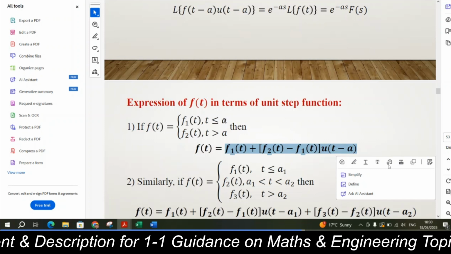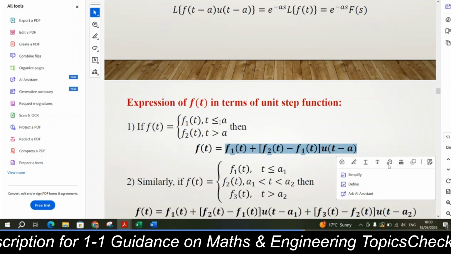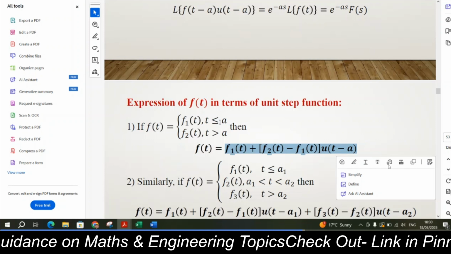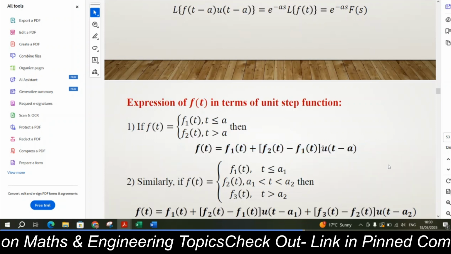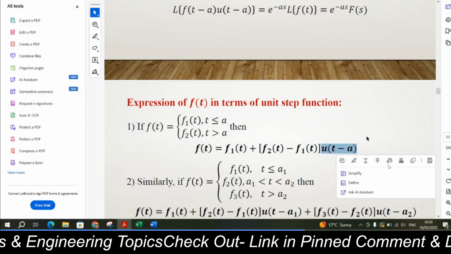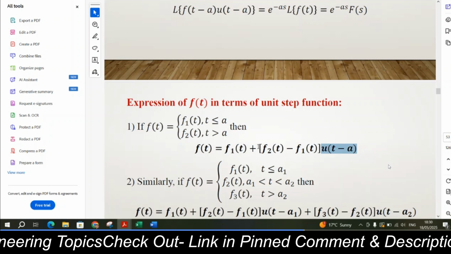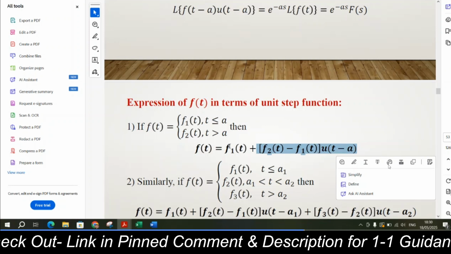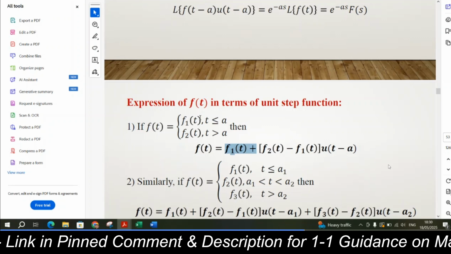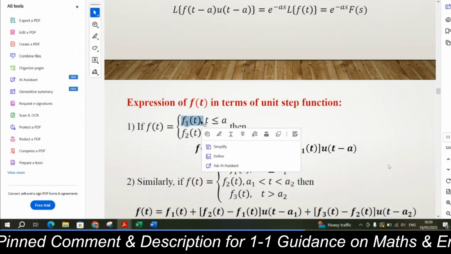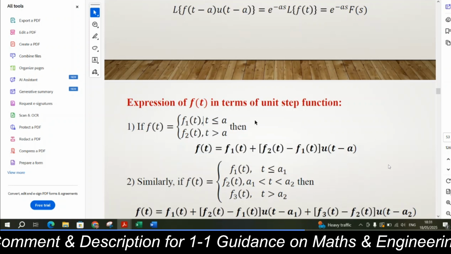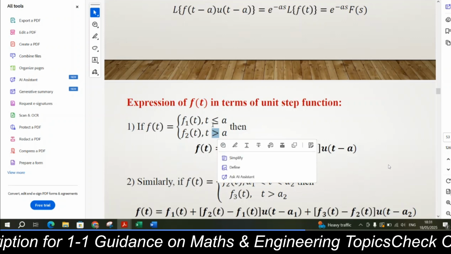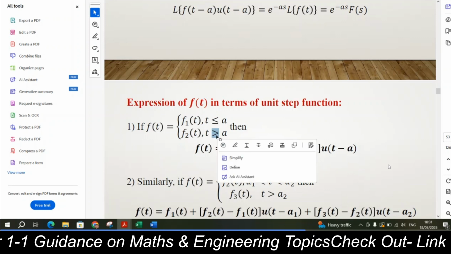It is not a unit step, but you can write this with the Heaviside function like this. Now see what happens when it is less than a. When it is less than a, what is the value of the Heaviside function? 0. That means this term becomes 0, and that means this entire thing becomes 0, which means you get f1 of t when it is less than a.